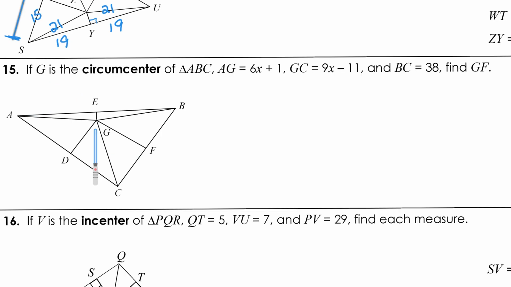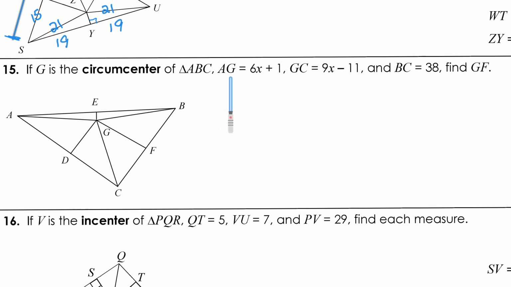G is the circumcenter of triangle ABC, where AG is 6x plus 1, GC equals 9x minus 11, BC equals 38, and we need to find the length of GF right here. We have to use a little bit of strategy here. We first have to figure out the value of x.